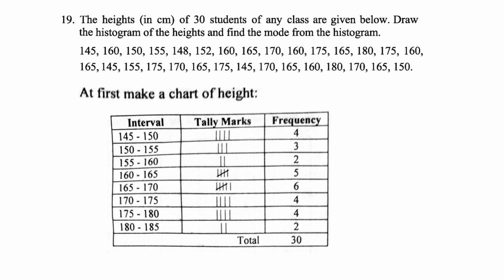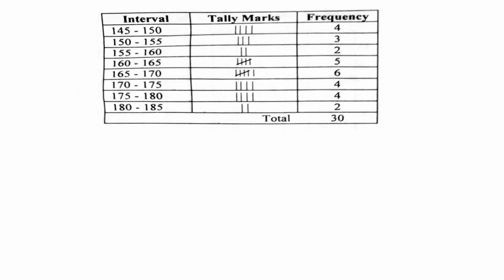Then, using the chart, that is maximum value, minimum value, find the range. After finding the range, find the class interval, then make this frequency distribution table. The frequency distribution table is here.